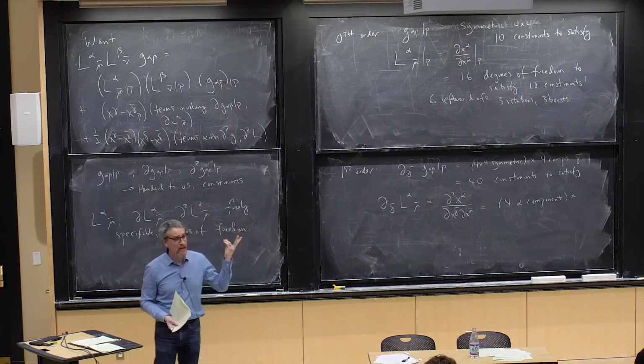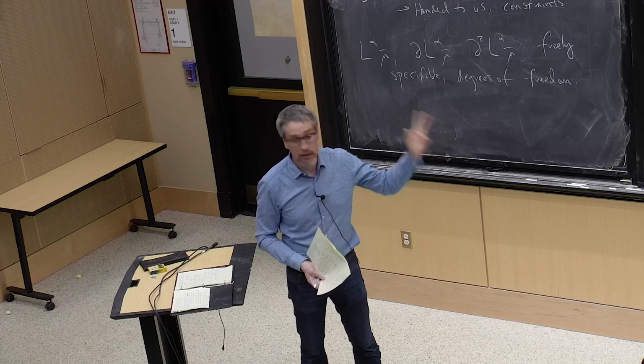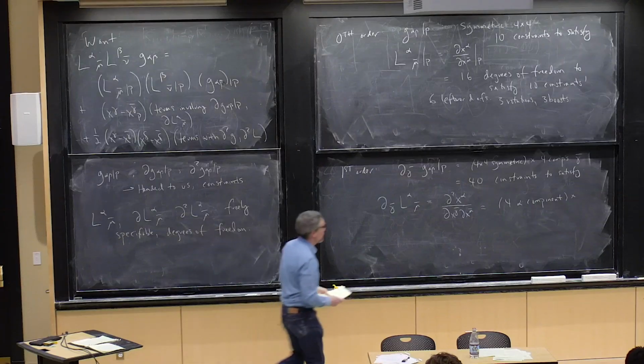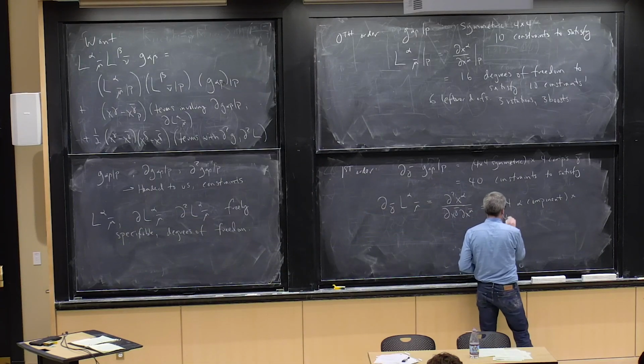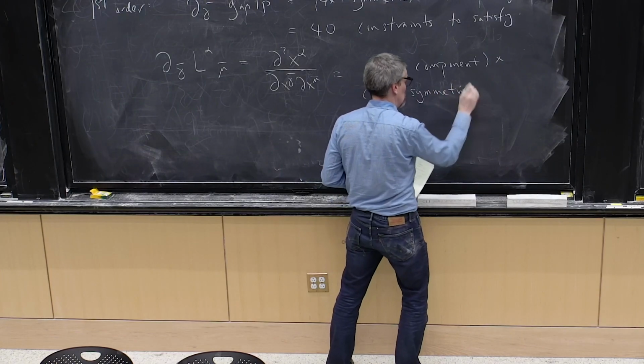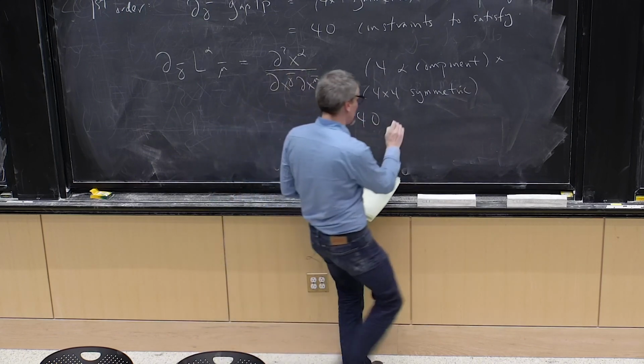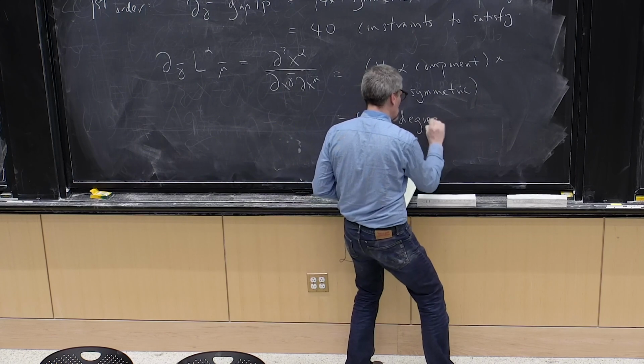Partial derivatives, it should not matter what the order is, so this needs to be symmetric in mu and gamma. So I, in fact, have 40 degrees of freedom at first order.